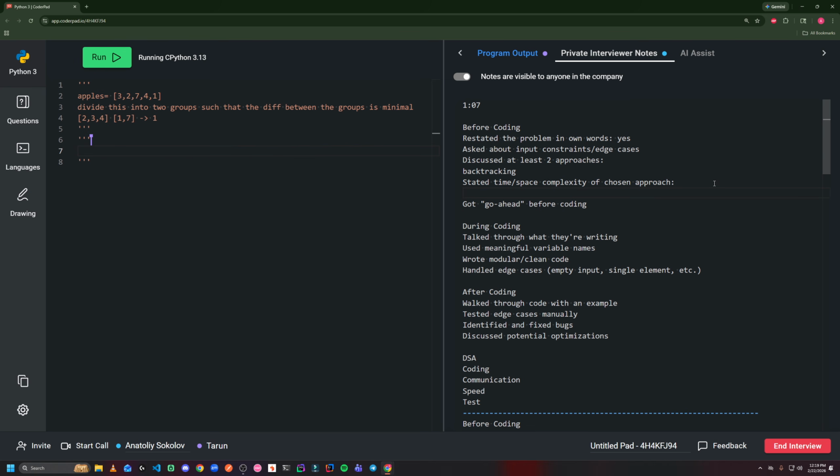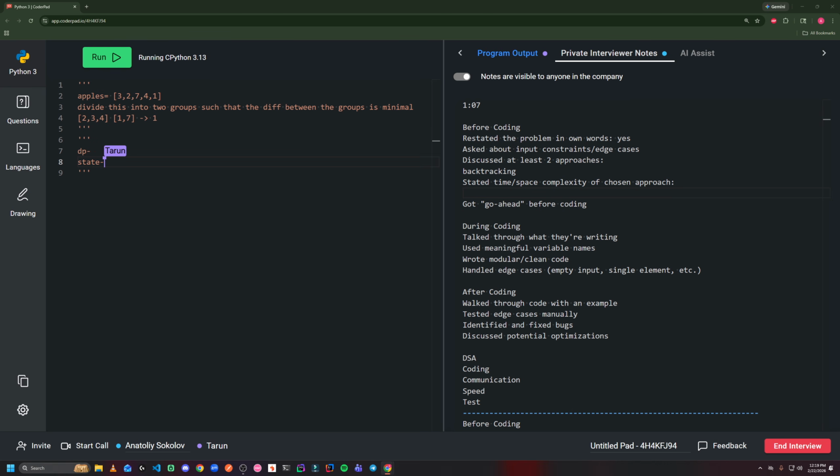So when you say you'll save the state, can you go over what the state would be? Yeah, so here I'll follow the DP approach.